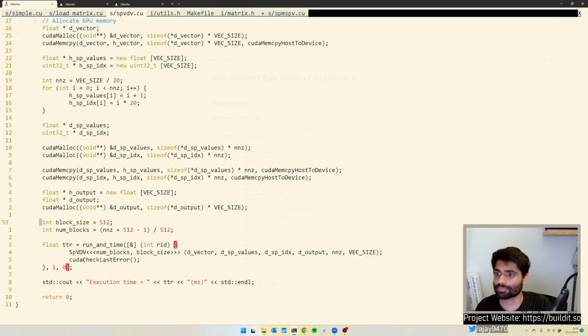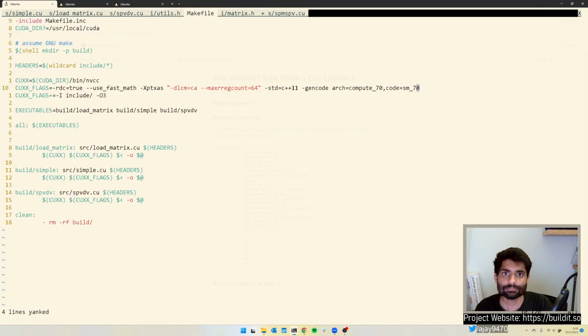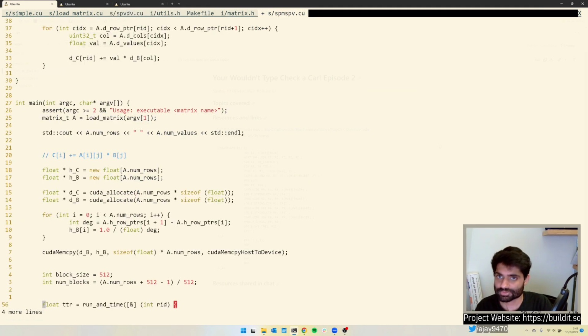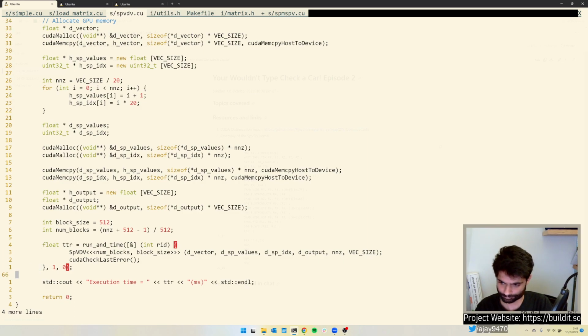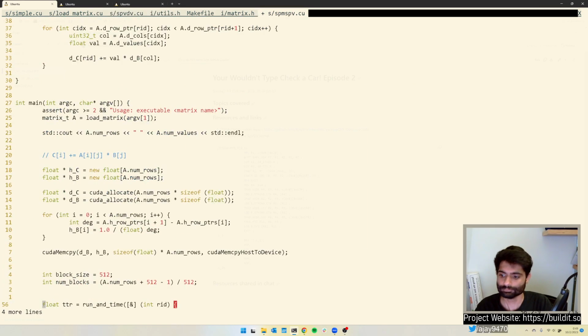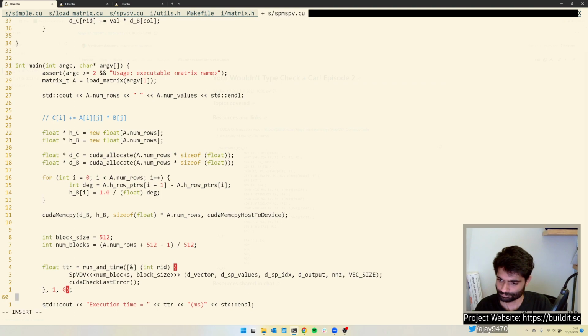Let's also copy over the code that does the timing. So SPMV, number of blocks, block size.